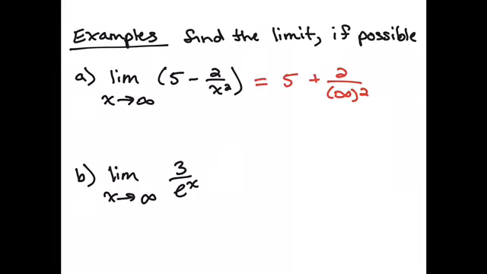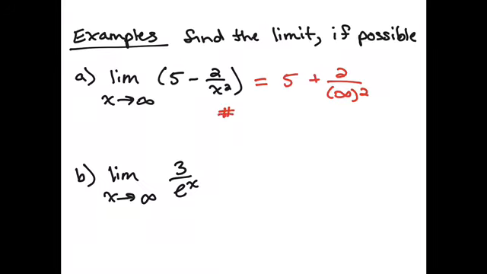If I have 2 pizzas and I have to feed 1 million people, how much pizza does everybody get? Crumb. Yeah. Not even, right? A non-visible crumb. That behavior is approaching 0.